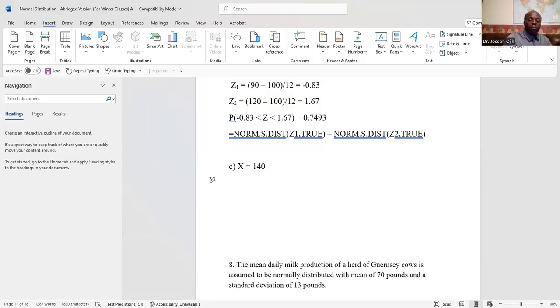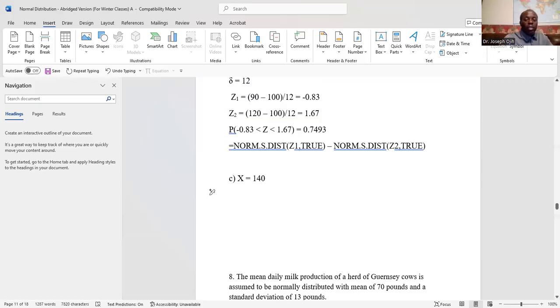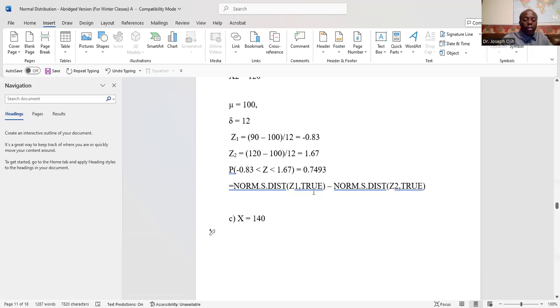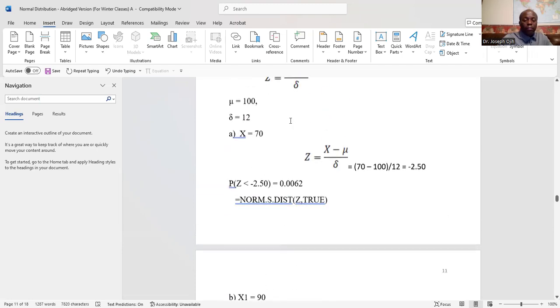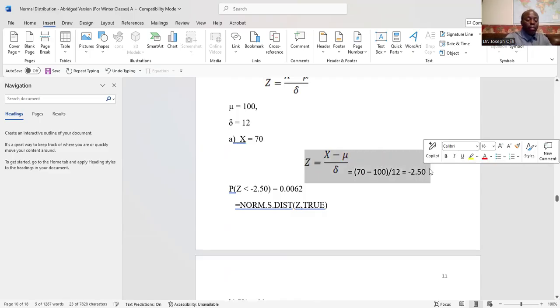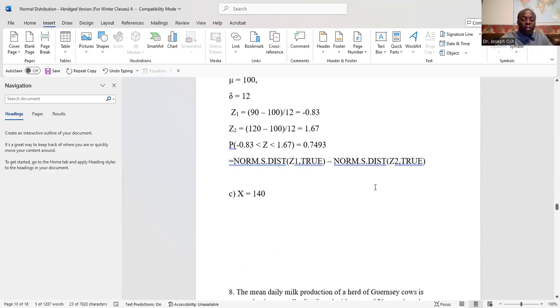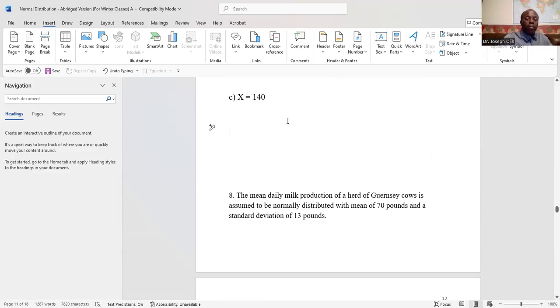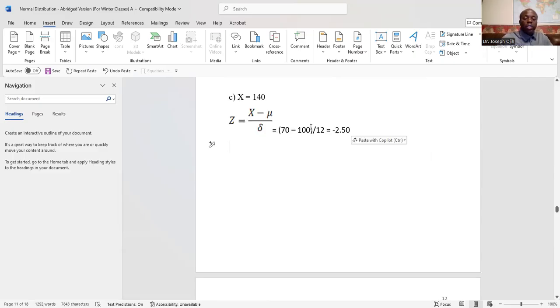Let us transform it using the formula we normally use. Formula is right here. Just copy this and paste it right here, and change these things to move this 140. Now this one is 140.